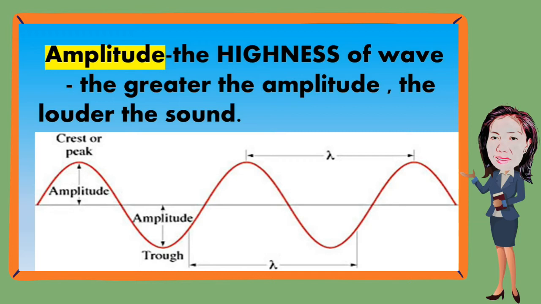Okay, so take note that the greater the amplitude, so kung the greater ang height of the amplitude, the louder the sound. So kung lakasan natin ang volume, the height of the amplitude will increase. Kung hinaan nimo, the amplitude will also decrease its height.